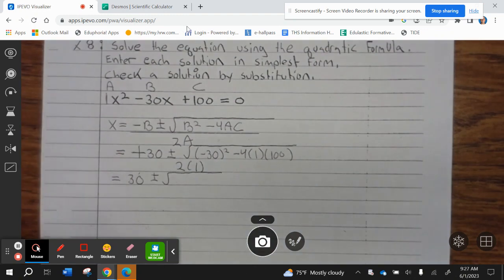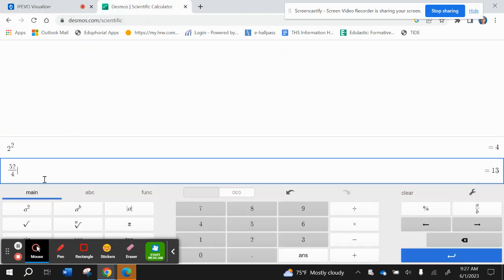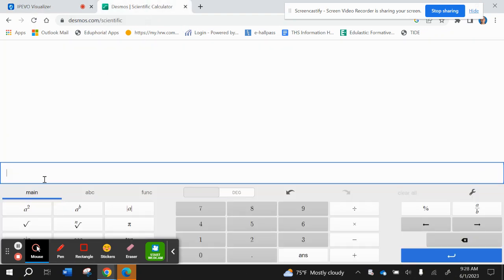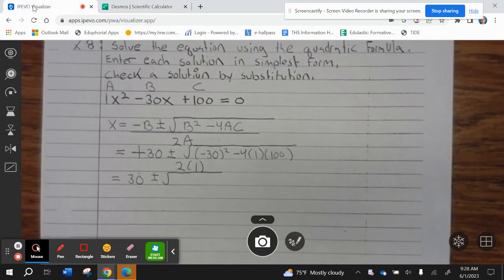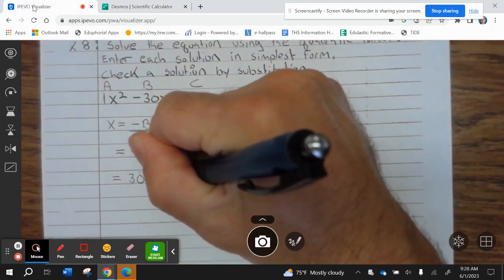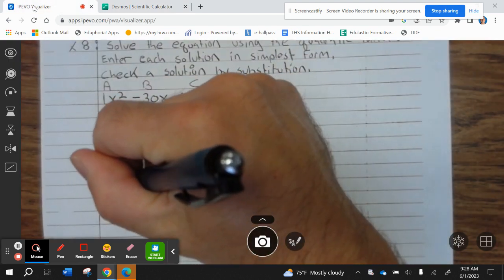Let's go ahead and get that discriminant. So parentheses, negative 30 squared minus 4 times 1 times 100 is 500. Divided by 2.